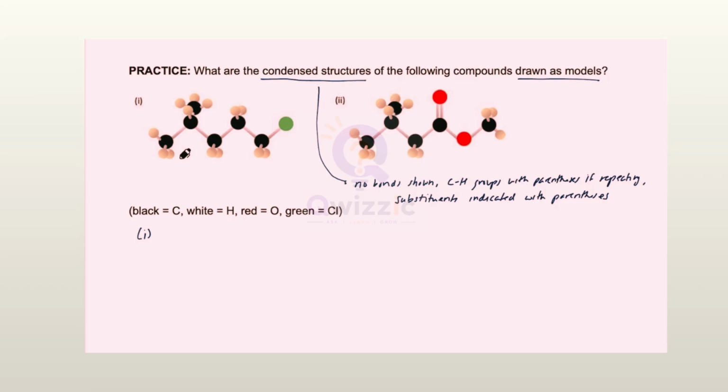So our first model, we see a main chain with 1, 2, 3, 4, 5 carbons right off the bat, and a chlorine on the end. Sometimes it can be a little tricky to tell, is something a substituent or part of the chain? We're rendering a 3D structure on a 2D shape. In this case, we have a CH3 substituent.